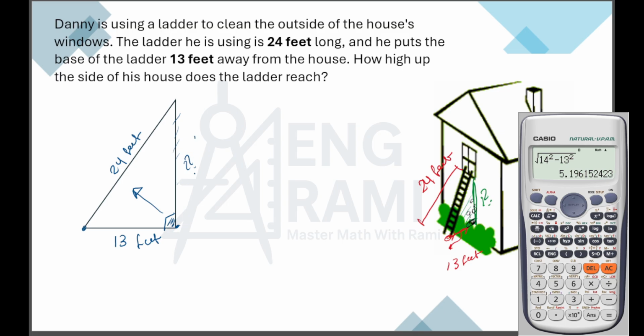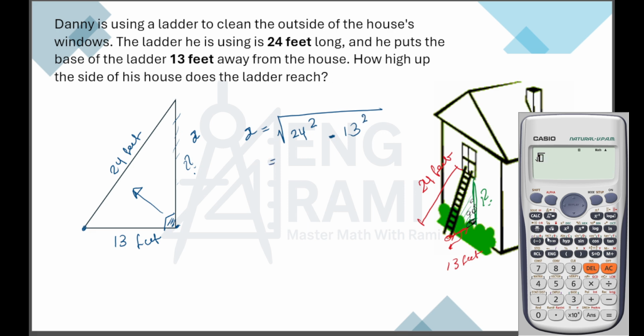For example, let us consider it as A. Then A, as we said before, equals the square root of hypotenuse squared, 24 squared, minus the other side squared, 13 squared.